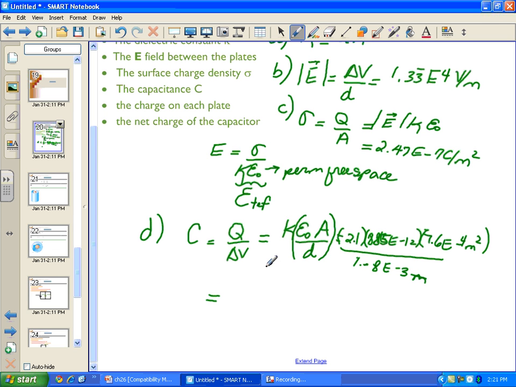That gives us a value of C, which is 7.847, or rather let's go ahead and round it to 3 significant digits, 7.85 e to the minus 12 farads.